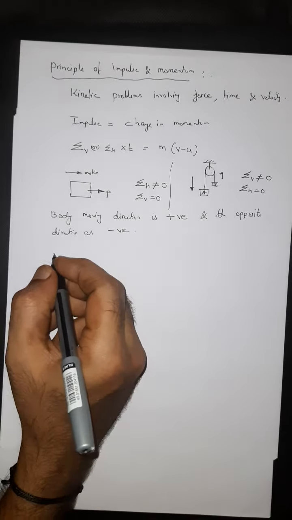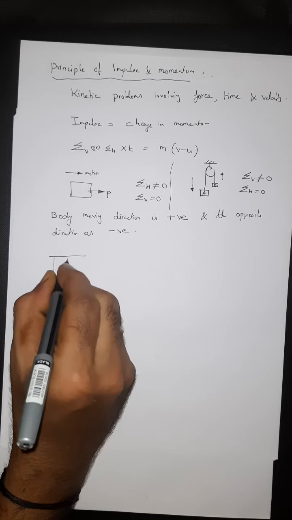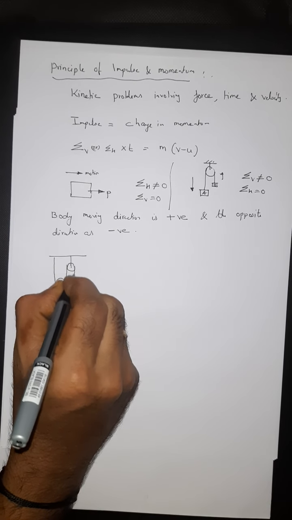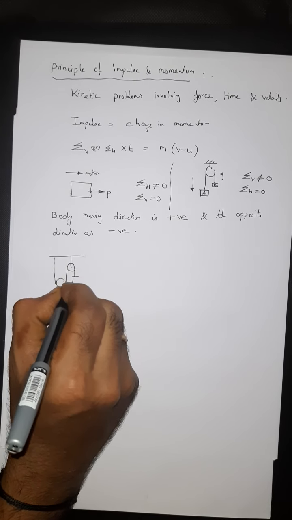Suppose a two-string problem where a body is hung. This is block A and block B. Here assume this is higher, so it goes down and the other comes up, right?